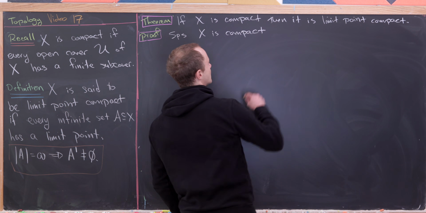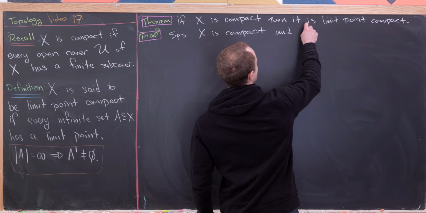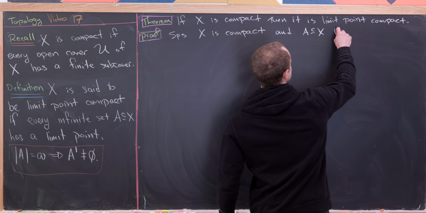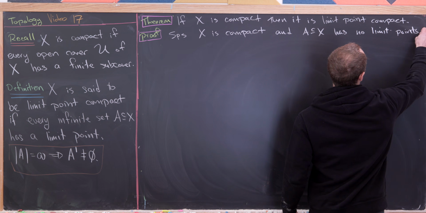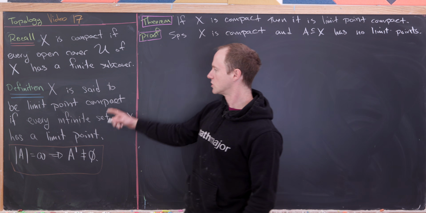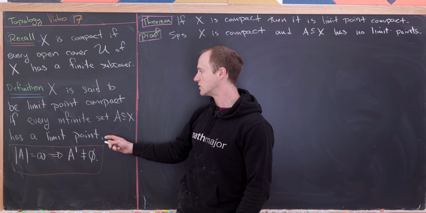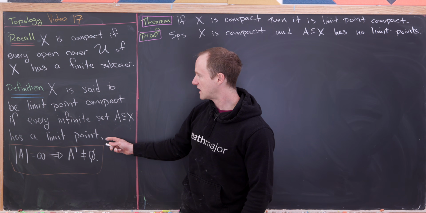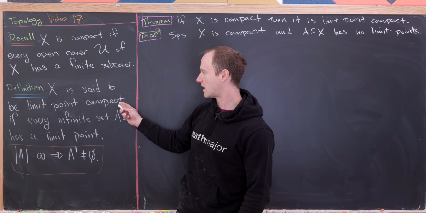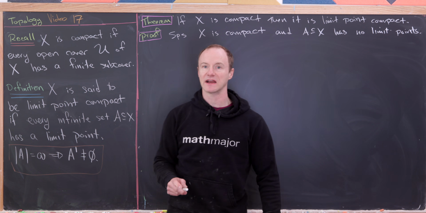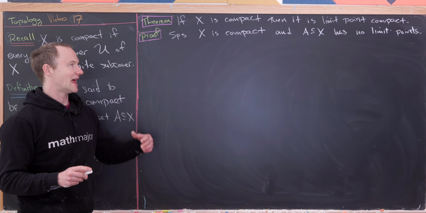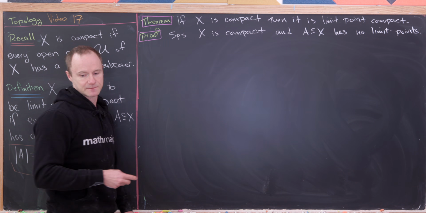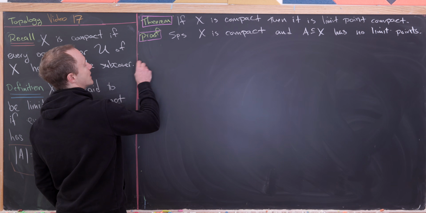So we'll assume that we have A inside of X that has no limit points. If A has no limit points, then in order to be limit point compact, A must be finite. So that's what we're trying to do here. We're trying to show that A is finite. Okay, so let's get going.